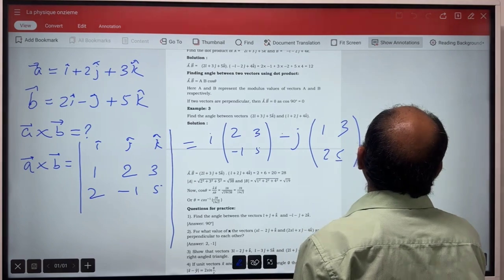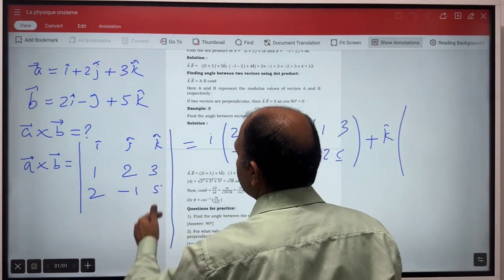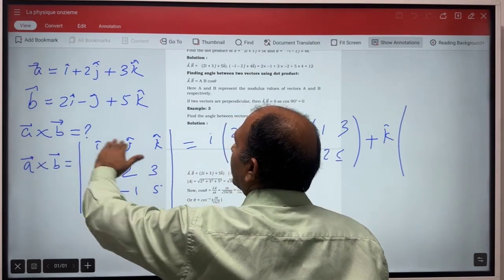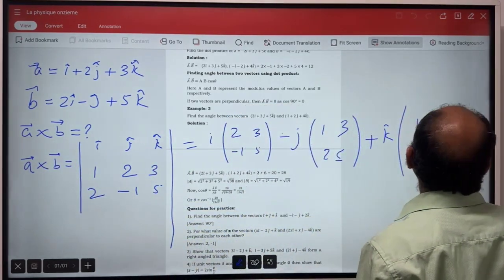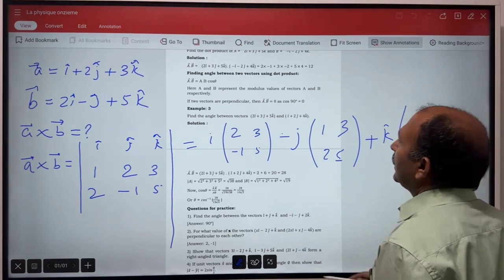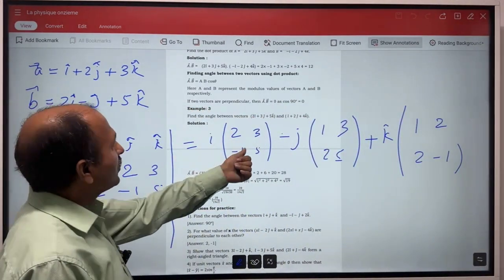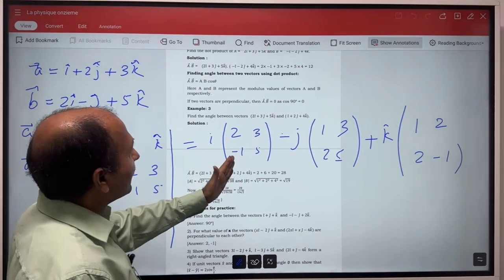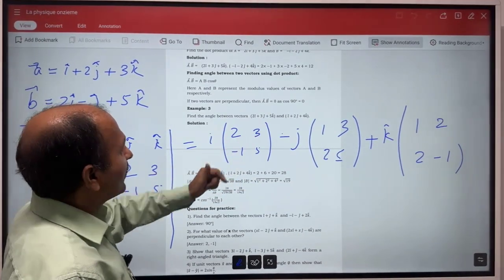And then take k. If you are taking k, then what is left? You will ignore this row, and you will be left with 1, 2, 2, minus 1. Now evaluate. You know how to evaluate very well. So here 2 into 5 is 10, and in between you have to put a minus sign, and then 3 into minus 1.